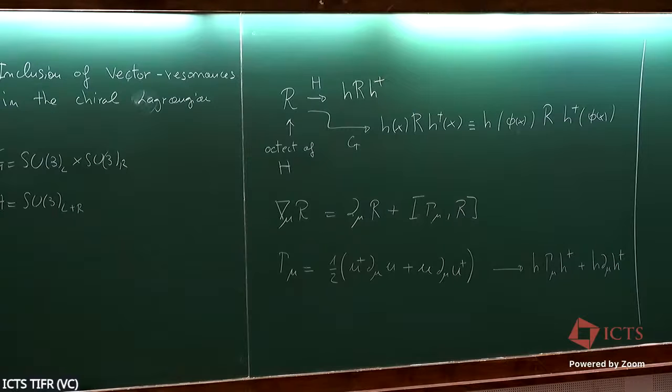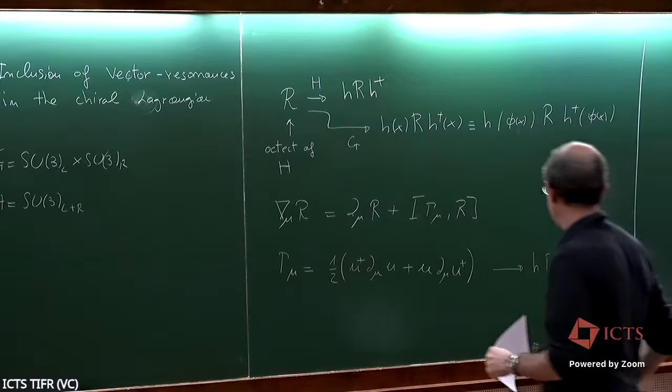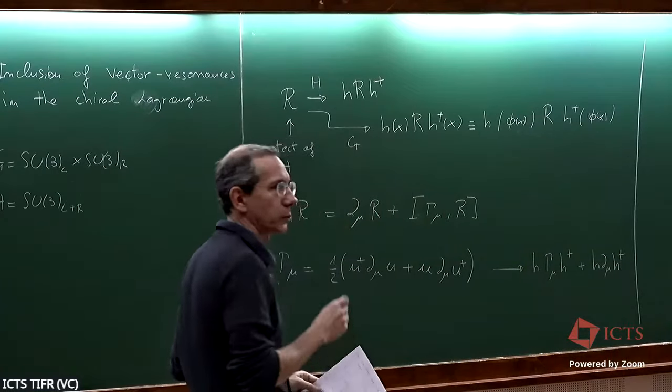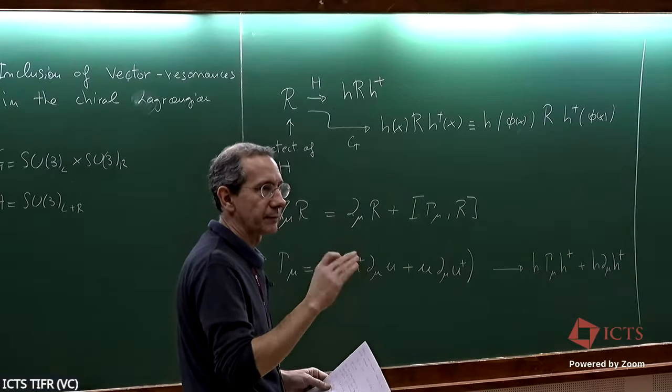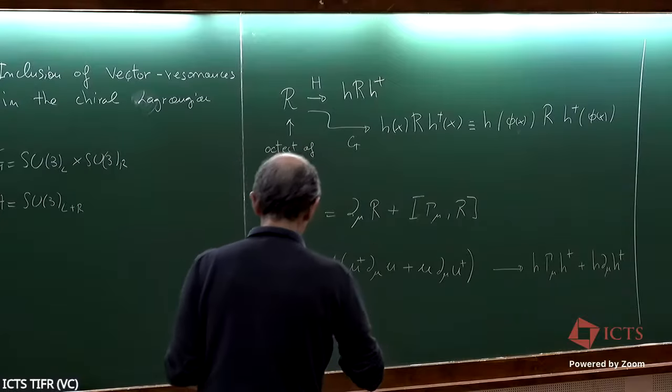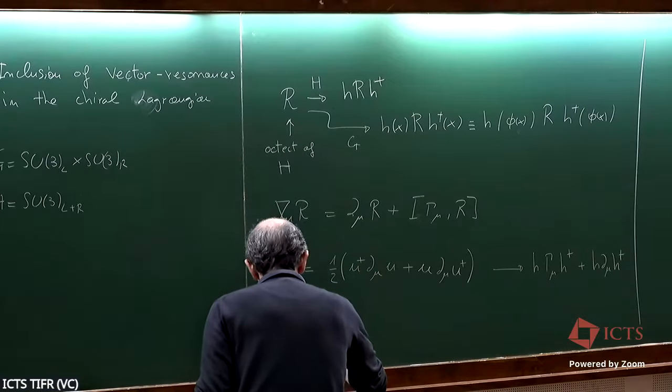Now this is generic. Maybe I can put the other very important ingredient that we need, what we were calling A mu, you remember? Let me now call it, sorry, I changed notation once more.